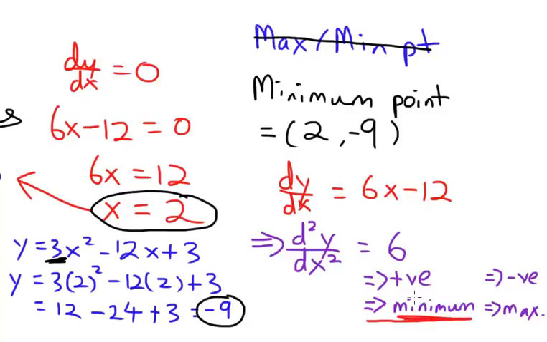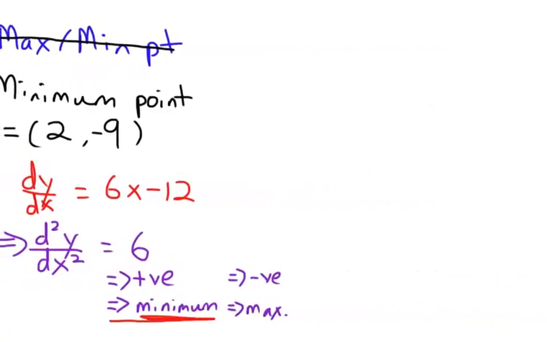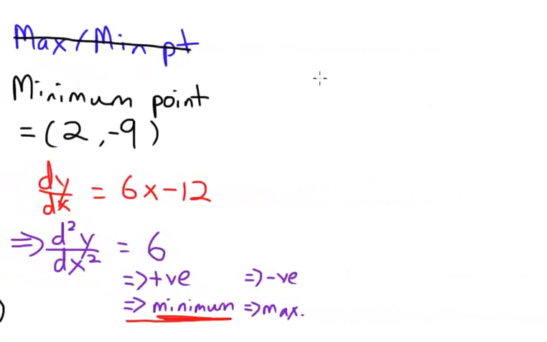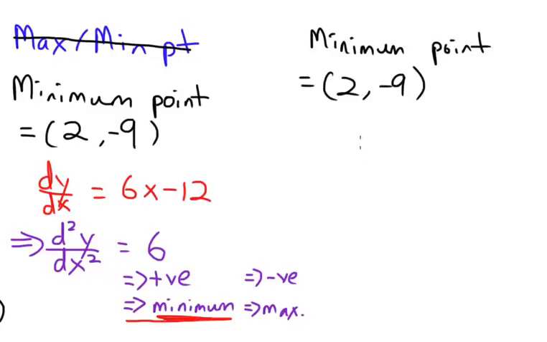So there is some information we can dig out from this minimum point. Now, the minimum point is (2, -9). Let's rewrite it. Minimum point would be (2, -9).